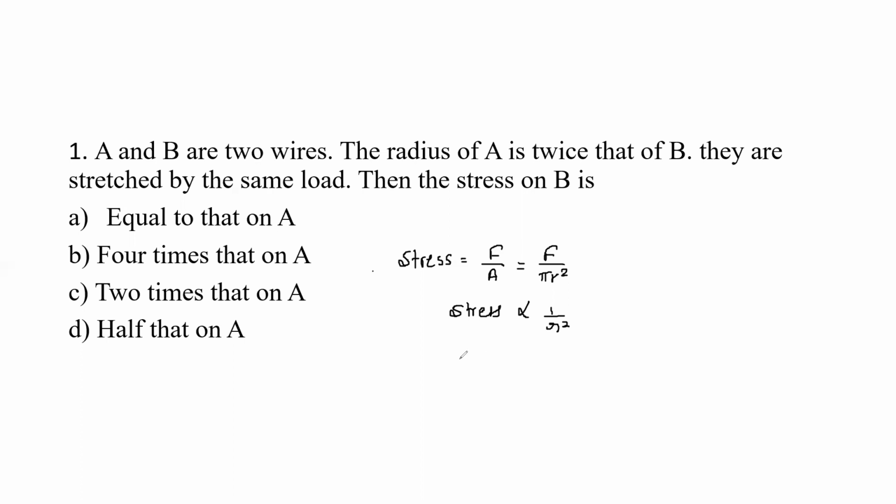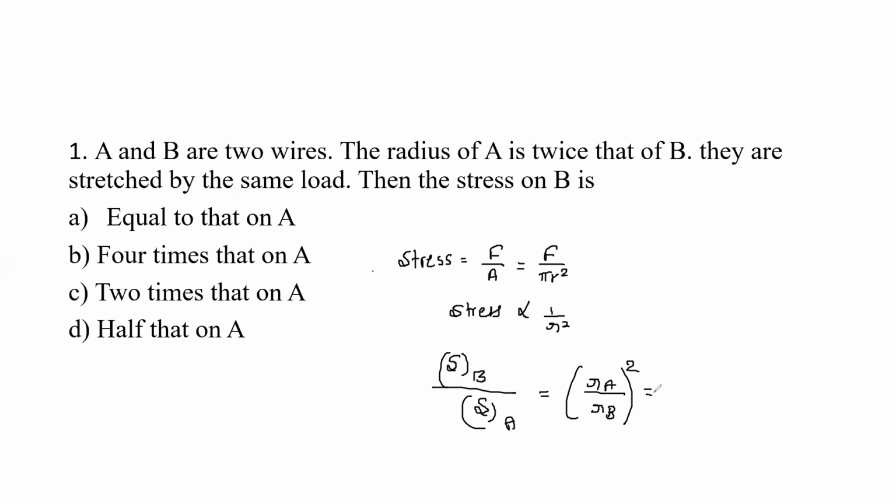So if I take the ratio, stress of B divided by stress of A is equal to, as it is inversely proportional, radius of A divided by radius of B whole square.